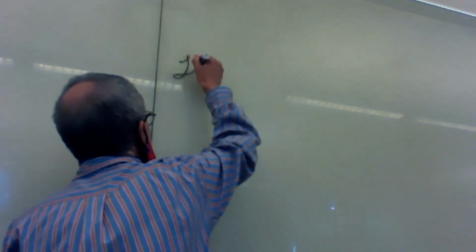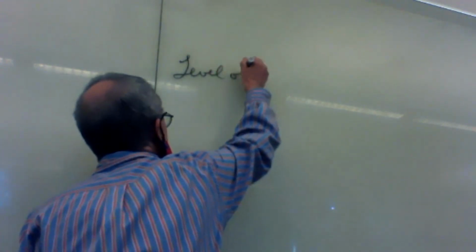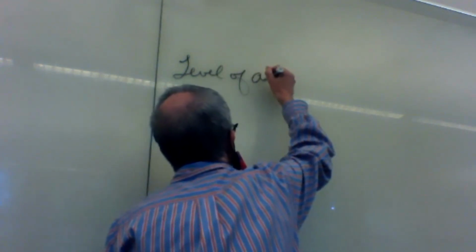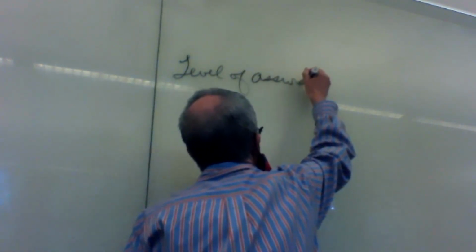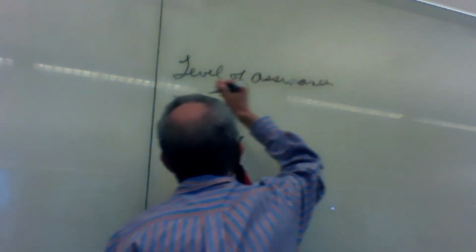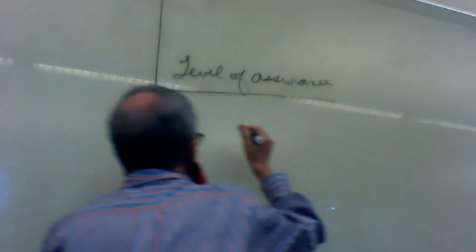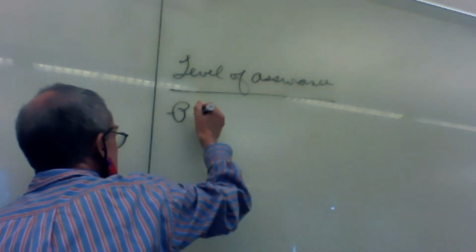So we can give, well, 3 types of assurance. Actually, I should say 2 types of assurance plus no assurance. Okay. So the level of assurance we can give could be positive.